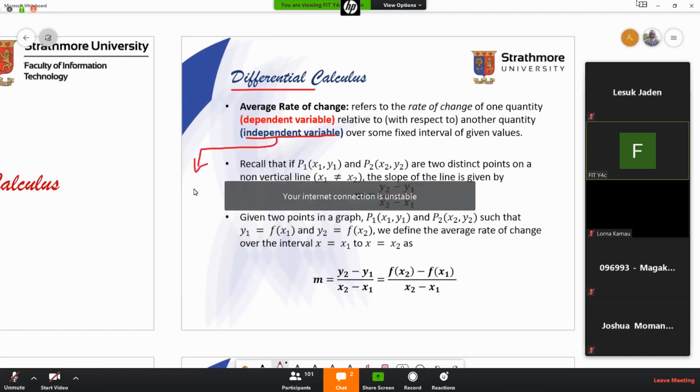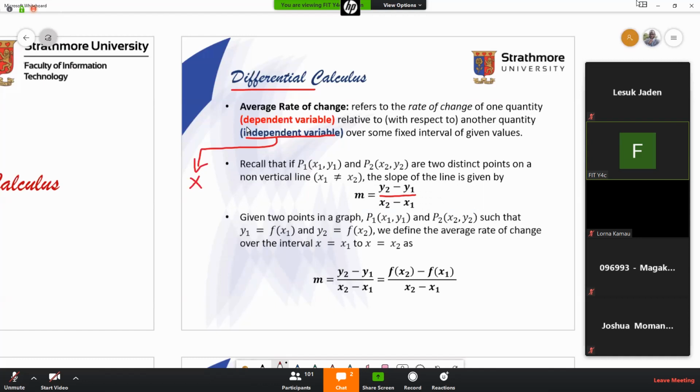Independent means free. It's on its own, normally an x. Then there's a dependent variable. The dependent variable is always waiting. It will depend on the value of x so that we can know what y is.